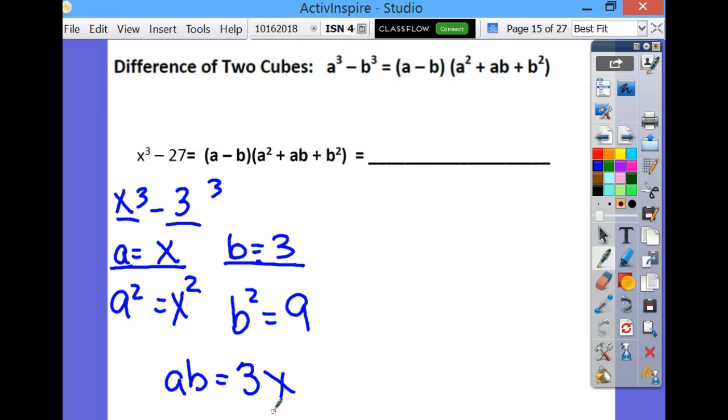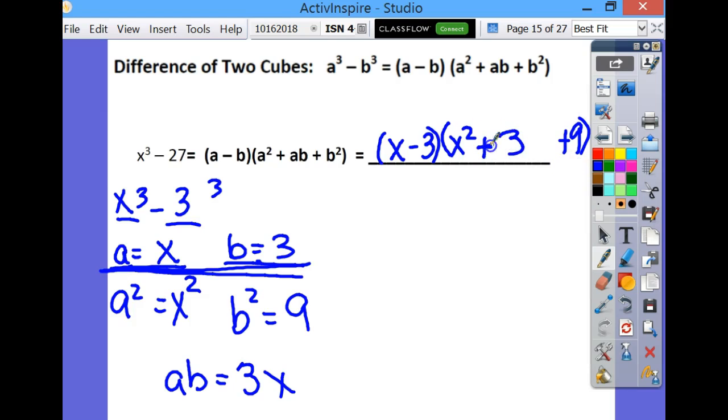I'm going to plug them back into the formula. A minus B, A squared, B squared, minus, nope, plus the 3X in the middle.